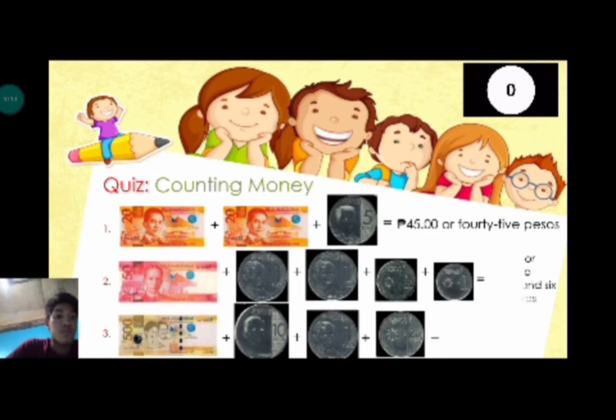Number 2, we have 52 pesos and 6 centavos in symbol, or 52 pesos and 6 centavos in words. Number 3, we have 511 pesos and 25 centavos in symbol, or 511 pesos and 25 centavos in words.